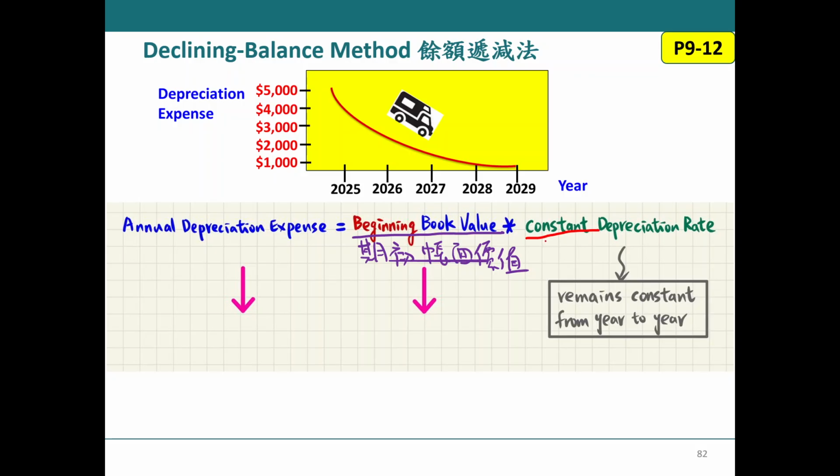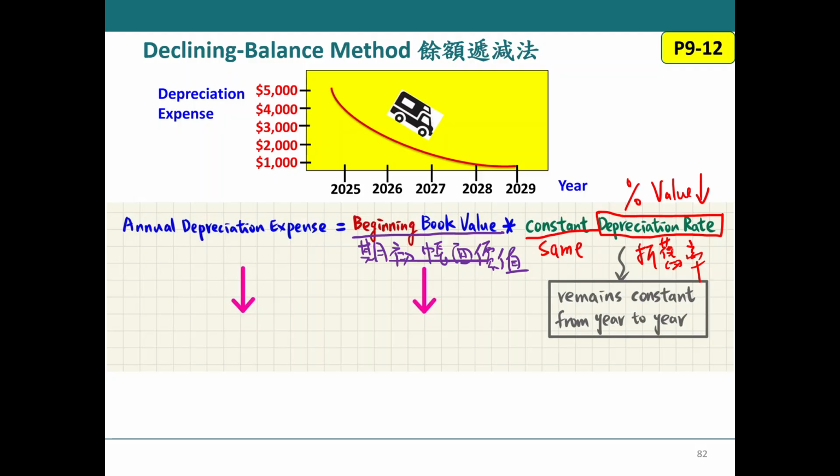Constant means the same. Depreciation rate, 折旧率, means what? The percentage your value decreases. So how many percentage of your value decrease each year? So we will use the same percentage, okay?